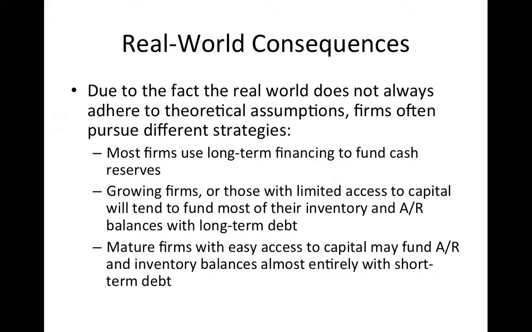So, what are the consequences of the real world being different from the assumptions? Well, what it generally means is that most firms rely more on long-term financing than short-term financing to fund that sort of permanent cash buffer that they think they're going to need.